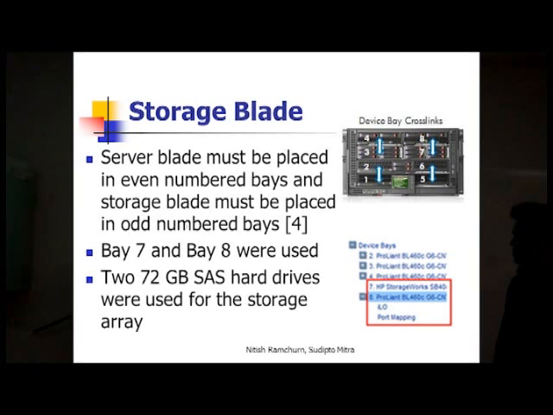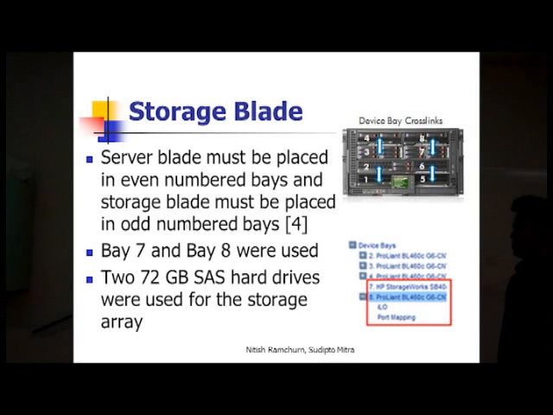For our labs, we used slot 7 and slot 8. Slot 8 had the blade server, and slot 7 had the storage. As I've mentioned before, there were two 72 GB hard drives used for the storage array.